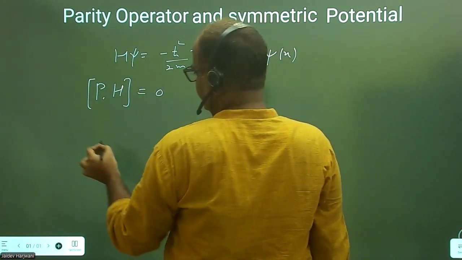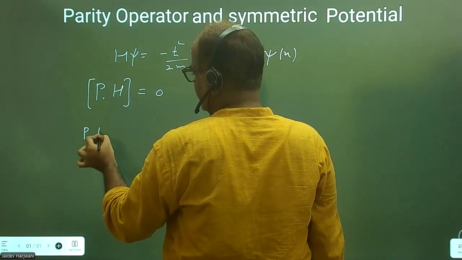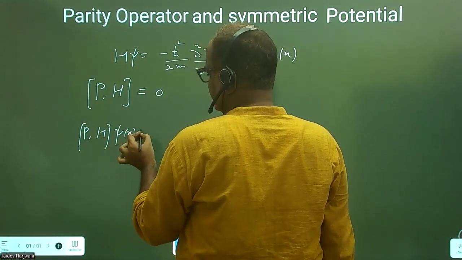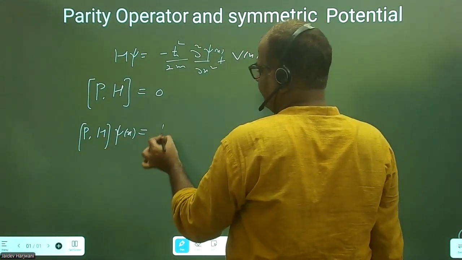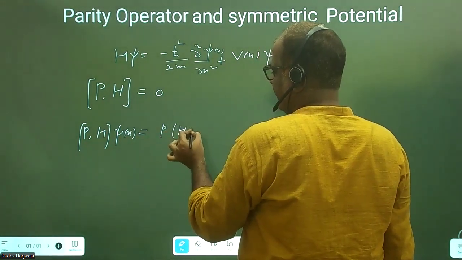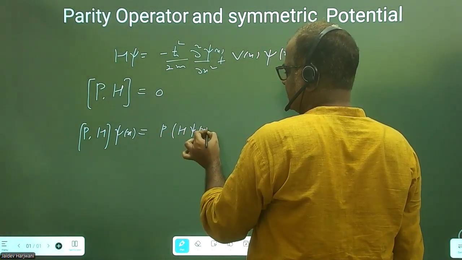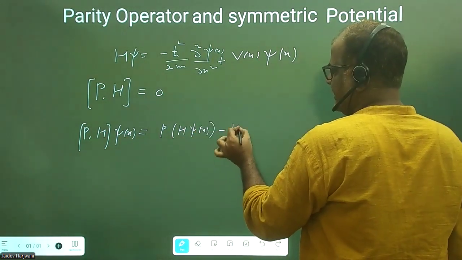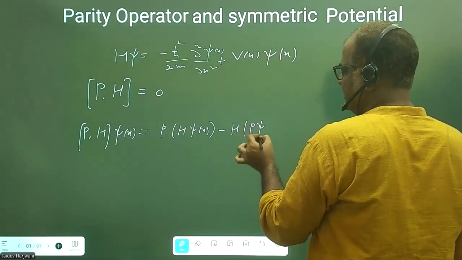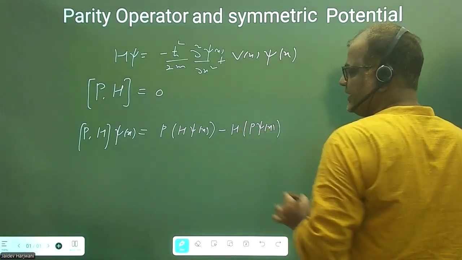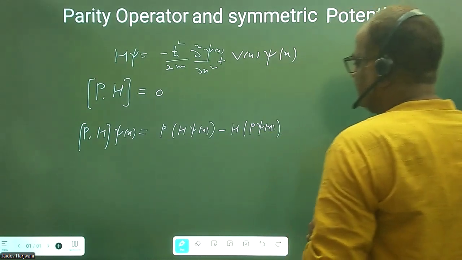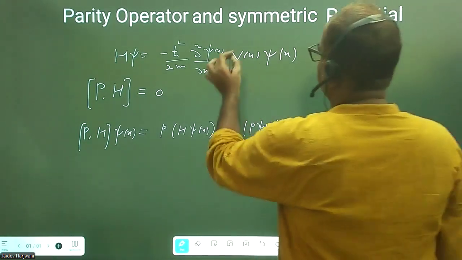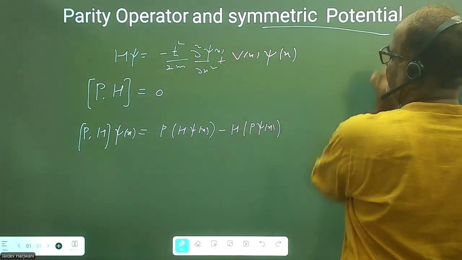So I have to show P H operating on function psi(x) gives P of H psi(x) minus H P psi(x). Now, say the potential is symmetric.